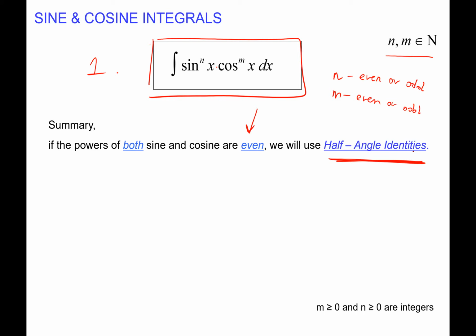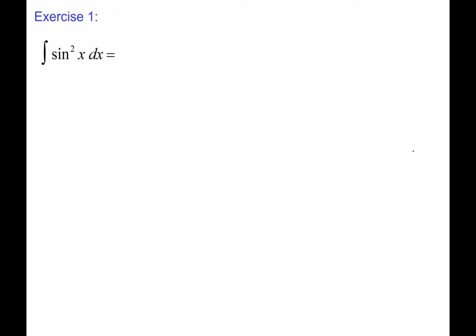I will start with just one, because I can assume that cosine is taken to the power of 0 if we want to keep that pattern. But yes, just sine square of x. And as I said a few minutes ago, we will definitely use the half angle formula. So please remember, sine square of x, always half angle formula.